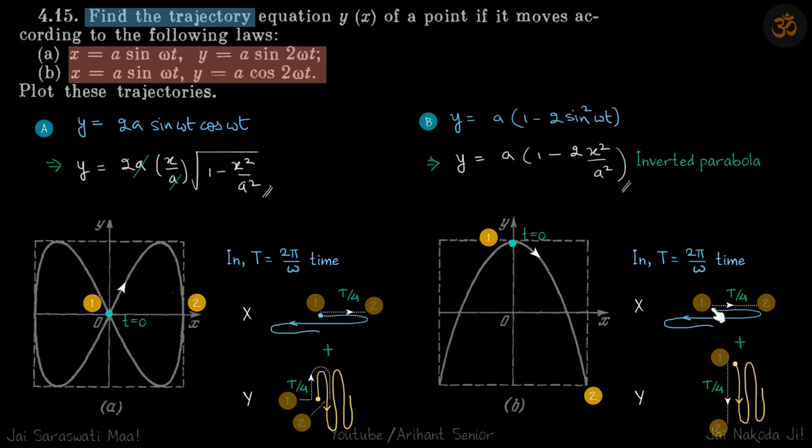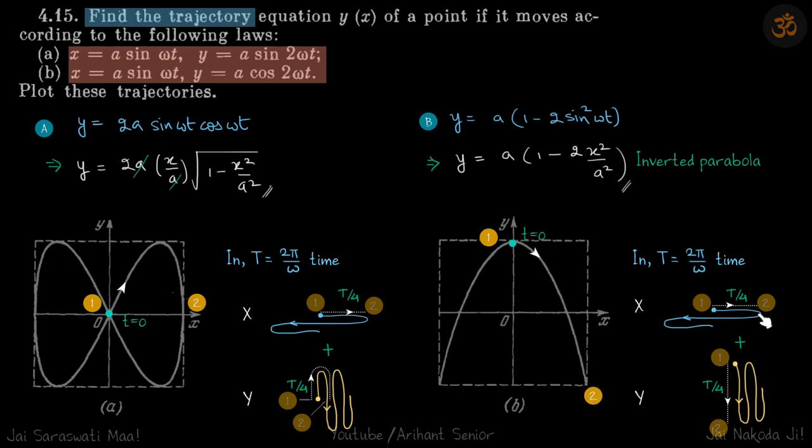Now again in T by 4 time, in x direction the particle will move to its extreme, and in that time the particle in y direction would have come to mean and then gone to the other extreme. This is t equal to 0. So by the time it has reached the extreme of x like this, the particle in y direction has gone to the mean and then to the other extreme.